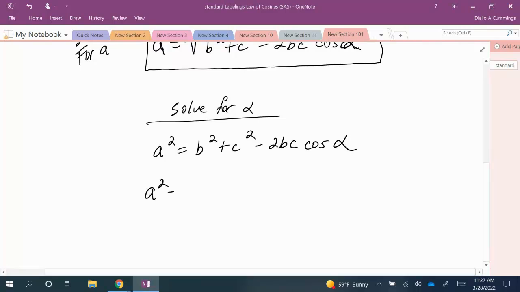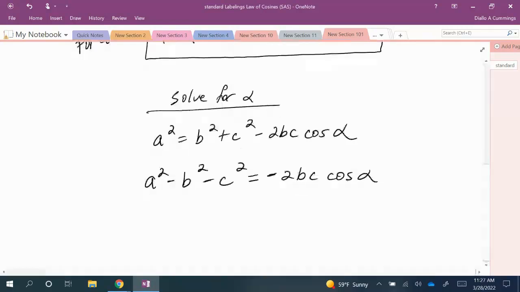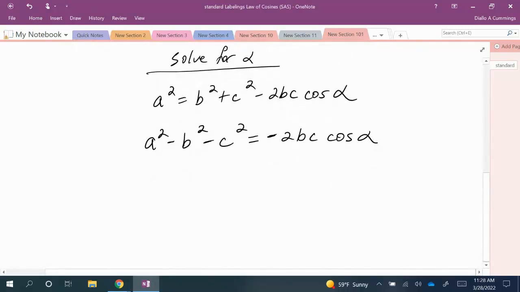So I have A squared minus B squared minus C squared is equal to negative 2BC times the cosine of alpha. I transposed B squared and C squared to the other side. The next thing I'm going to do is divide both sides by negative 2BC.